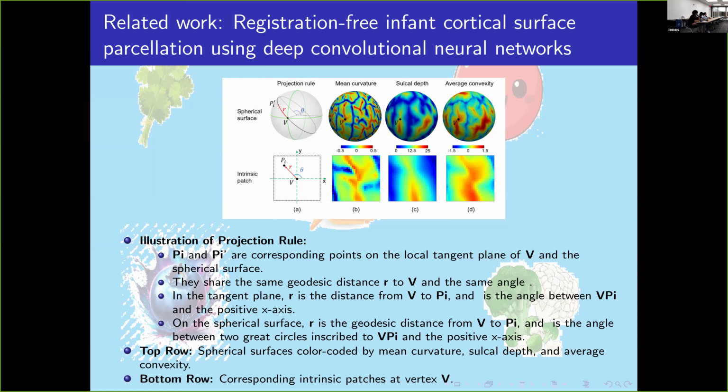is basically a diagram to help you understand what type of properties are being preserved in these projections. They're trying to find a spherical mapping such that the distances from point to point are distorted minimally, and the angles between sets of points are distorted minimally.